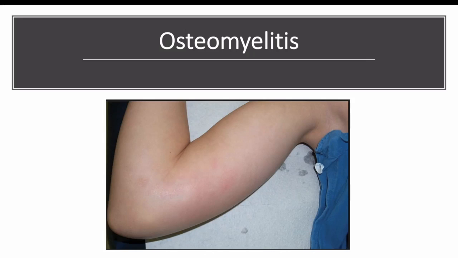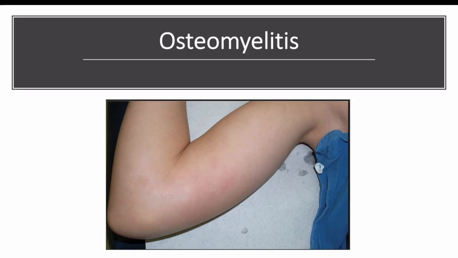Loss of function, you need video pictures or you need to assess the patient yourself. So this patient can have osteomyelitis and others, but what worried me is that the patient held his arm in a fixed position. It could be only for the picture, but this is one of the signs you need to look for: if the patient holds his arm in a fixed position, it is either osteomyelitis or septic arthritis.